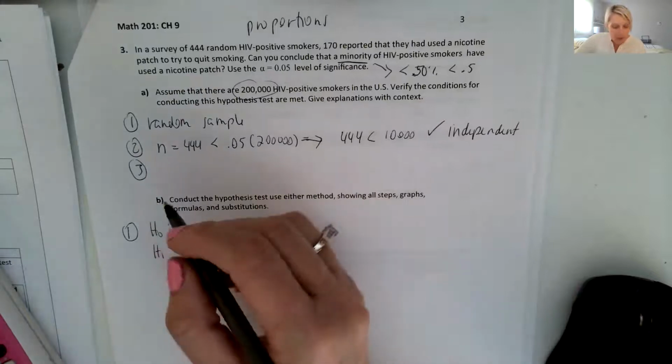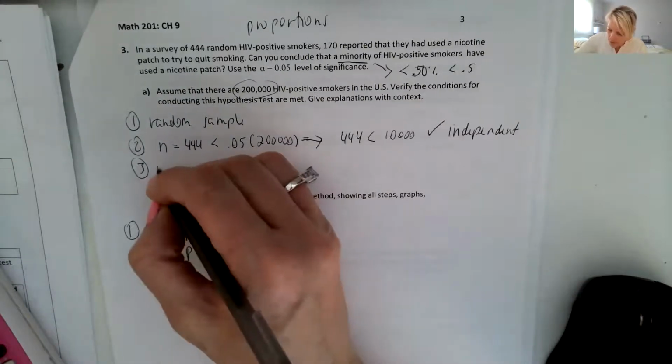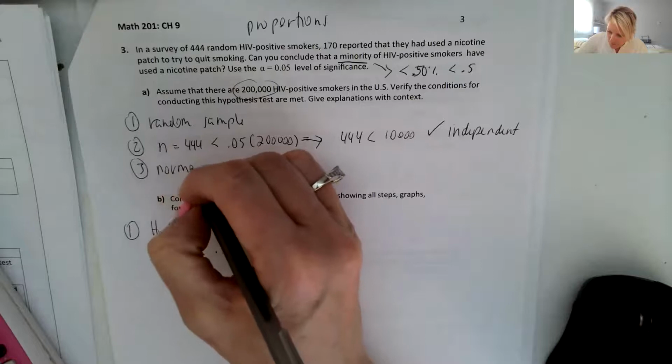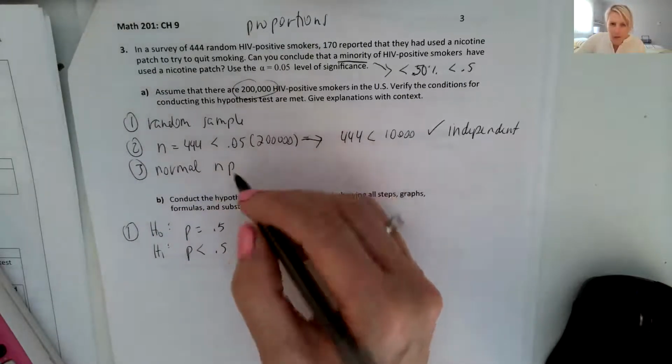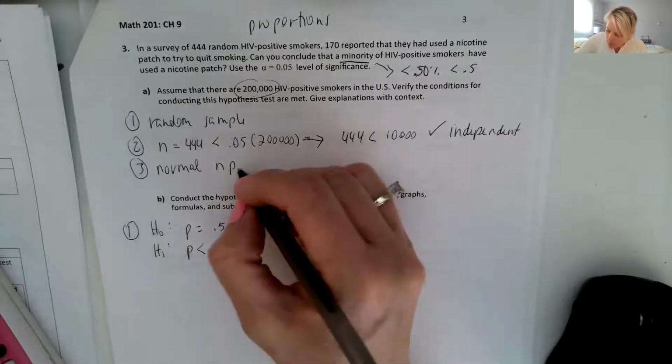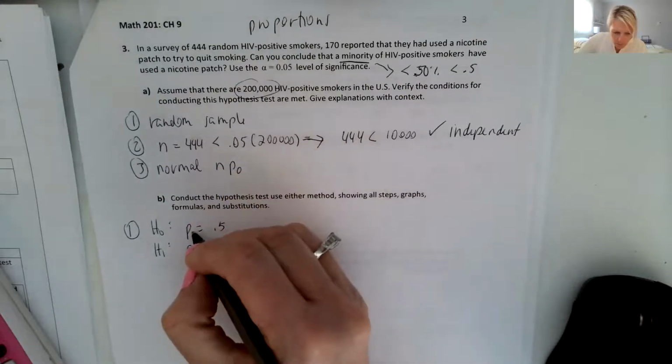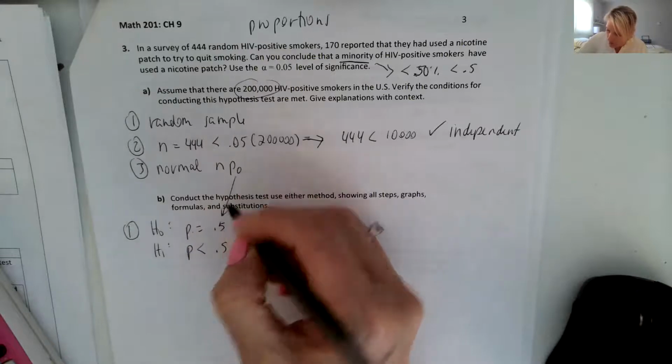And then the third thing is our normality. Confidence intervals are just a little bit different, but in normality, it's the same formula, except we're using the P0. So make sure that we're using the 0.5 here.